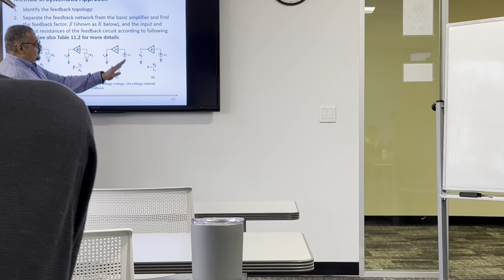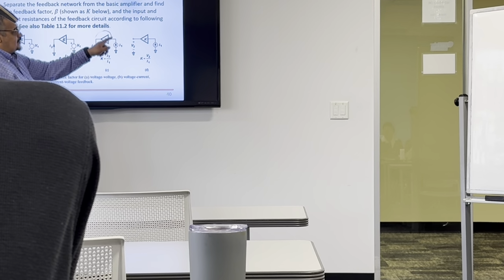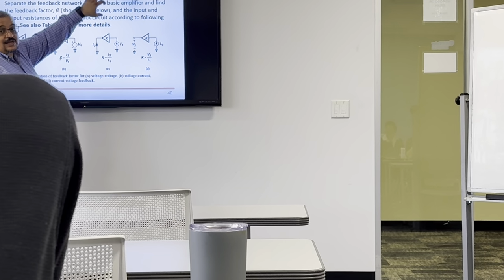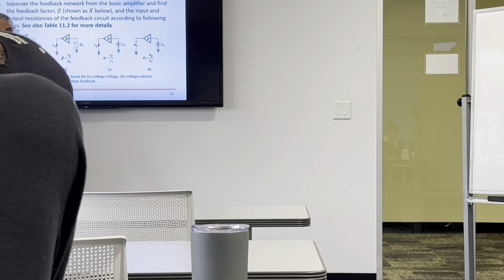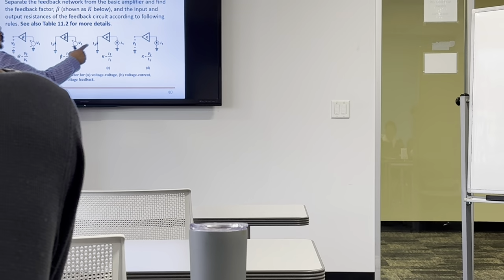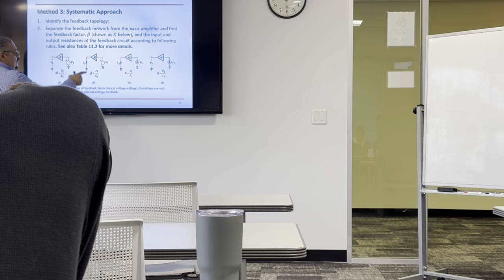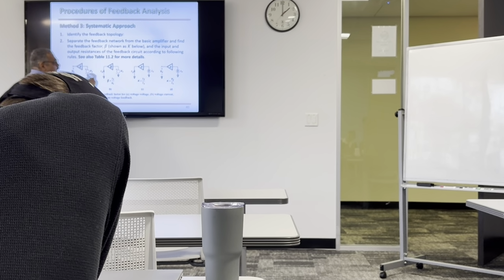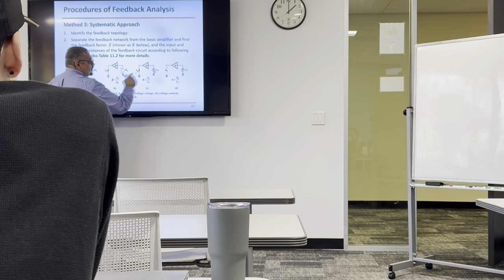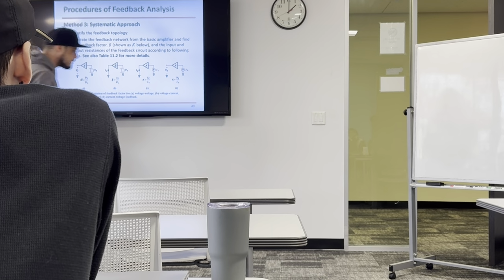Same thing, if the input is current and output is current, this is going to be a current amplifier, and the main amplifier is also a current amplifier because it takes current and sends the output as current. So you short circuit this because if it's current, you have to short it because it's shunt, right? And you apply a current source, divide this current by this current, gives you beta.